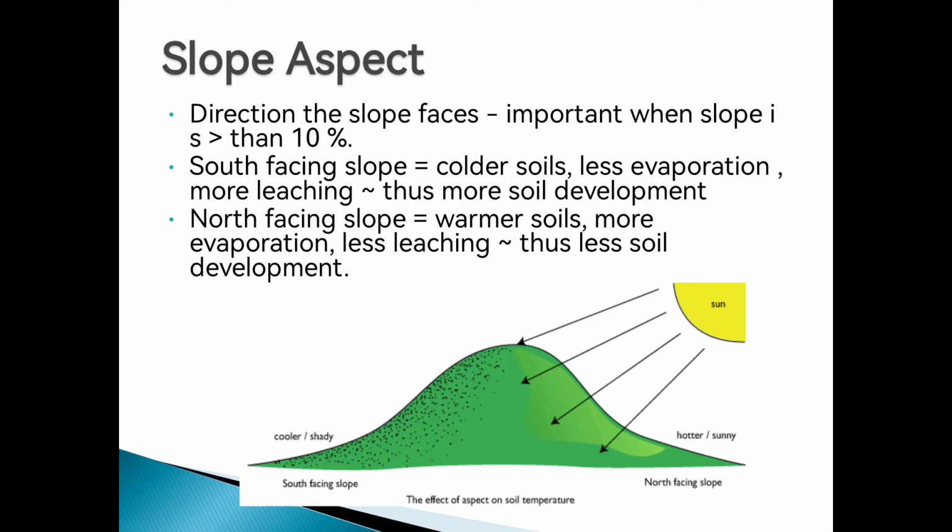Samantalang pag north-facing yung lupa, since it has more impact ng sun, the soil gets a lot of sun, so medyo mainit siya kumpara dun sa south-facing. So there will be more evaporation, less leaching, thus less soil development. So the slope also affects the soil temperature.